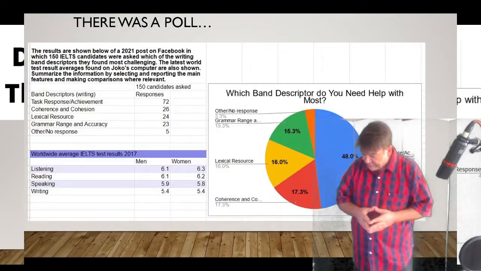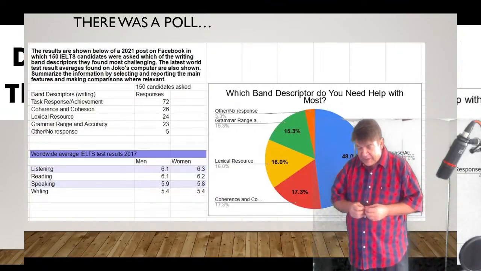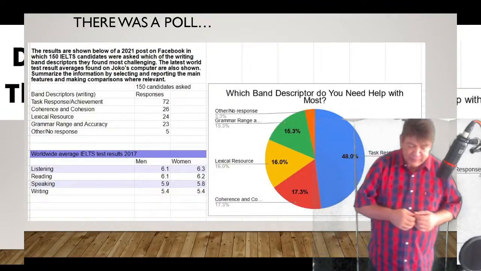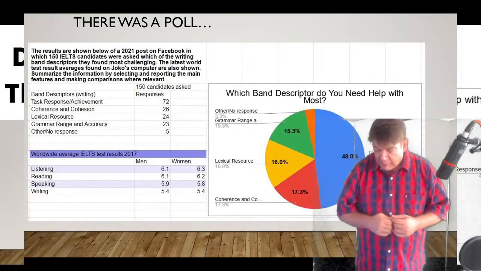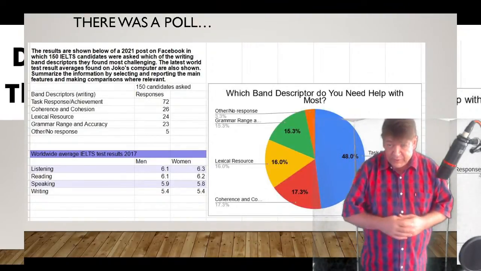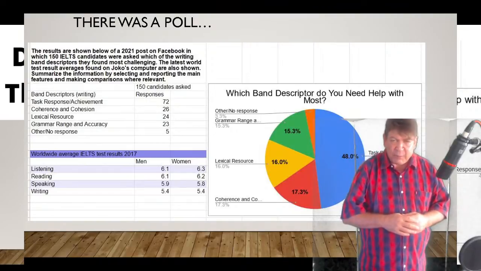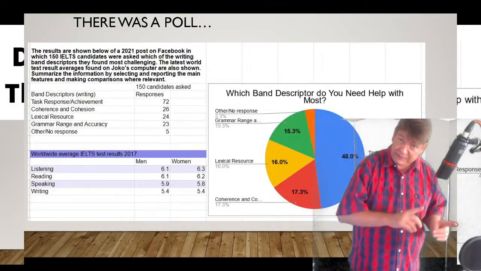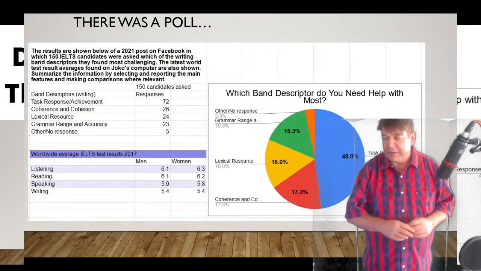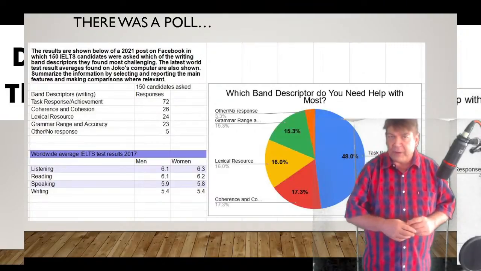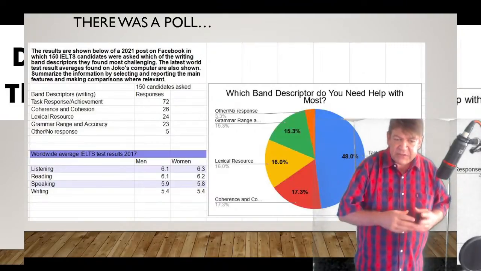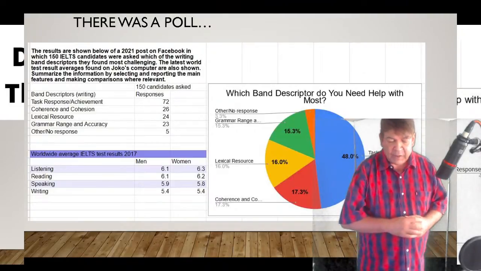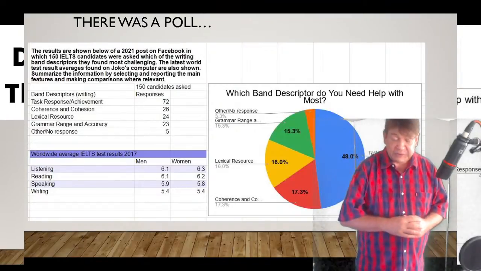I understand how task response is the most difficult part of the task 2 question, because it's not really about English. It's not a test of your English skills. It's a test, well, it is to some extent in that you have to read the question correctly, but it's about how to organize ideas so that they support your positions.